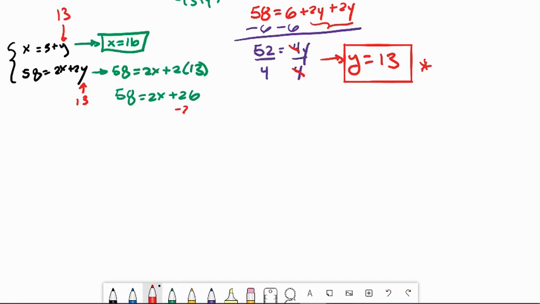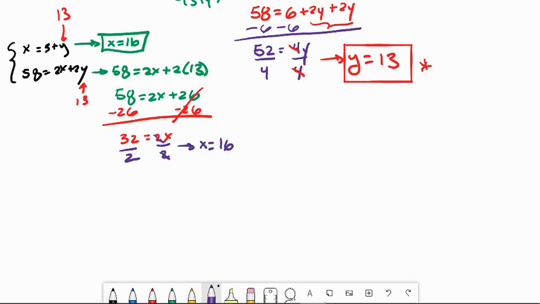We will subtract 26 from both sides. 58 minus 26 gives us 32 is equal to 2x. Divide both sides by 2. And we have x is equal to 16. And because these numbers for x match, that gives us confidence that we did this correctly.